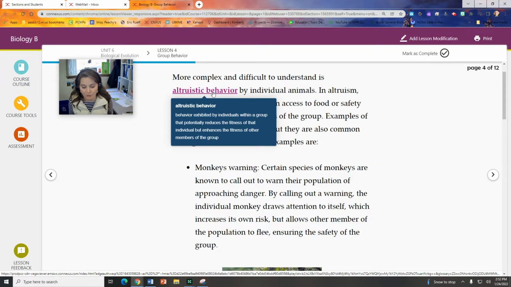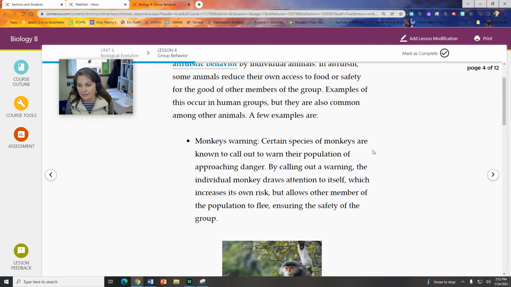Why would an individual give up their opportunity of survival for the opportunity of somebody else within their population? So that's kind of what the rest of this lesson is talking about.